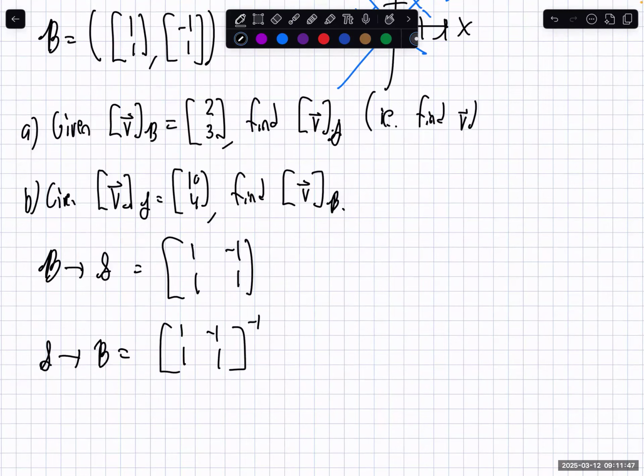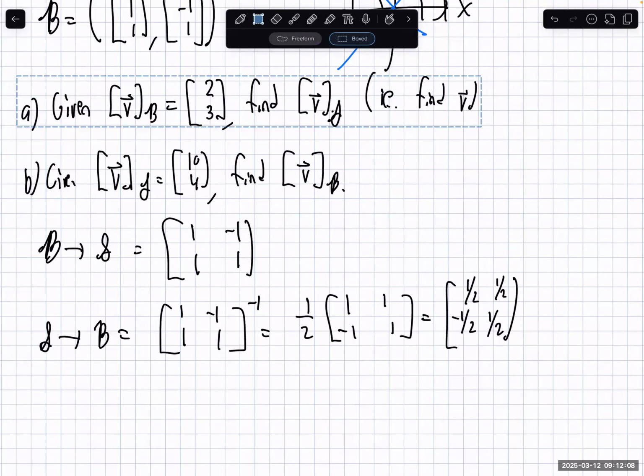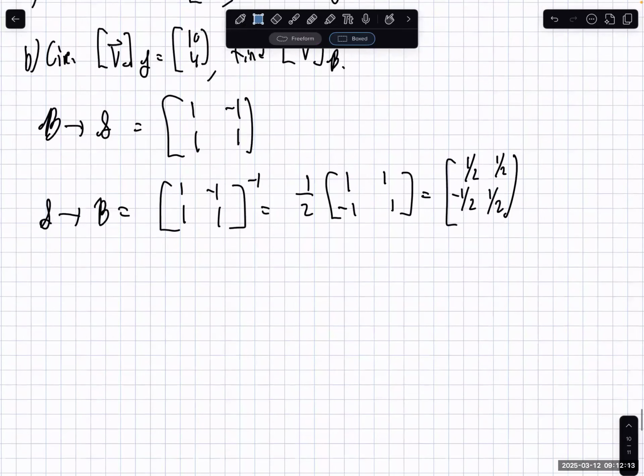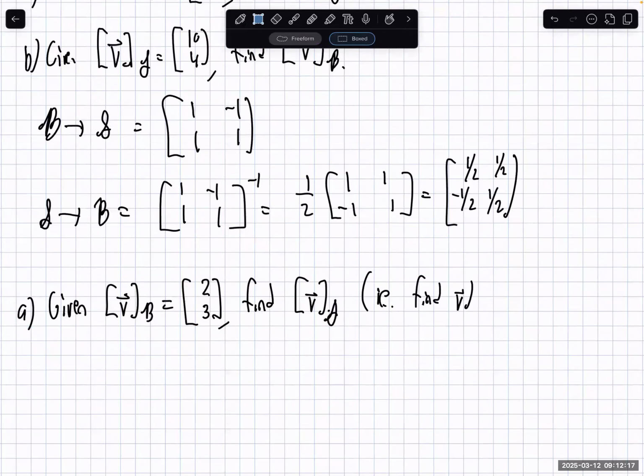So the S to B is the inverse of this, which is 1/2. So the first problem, we're given B coordinates.